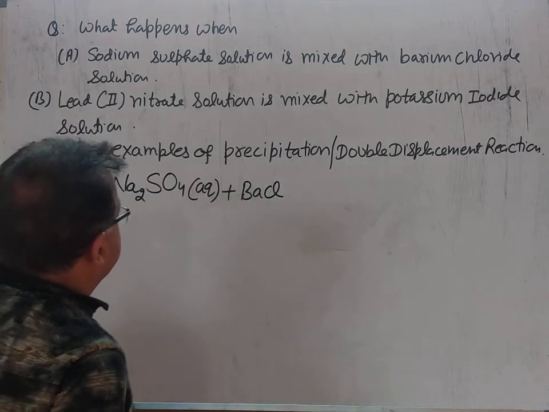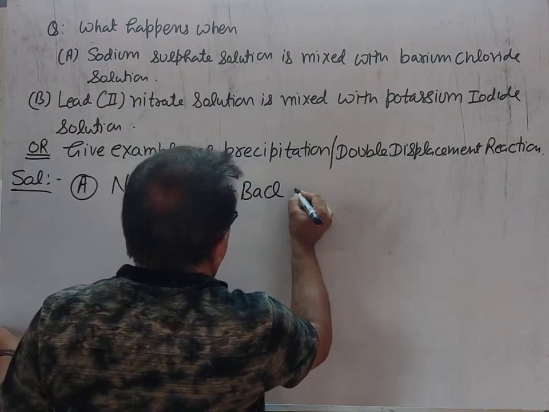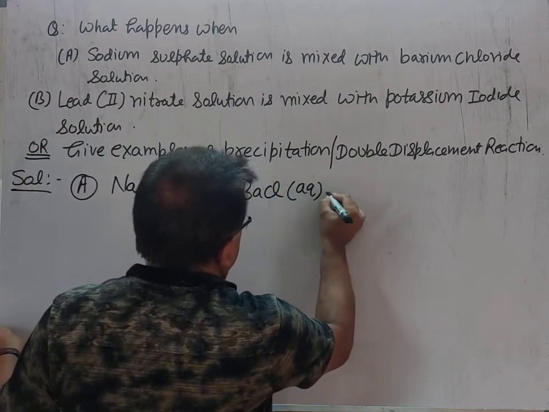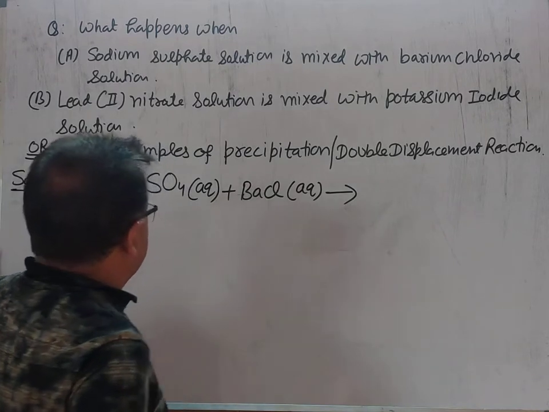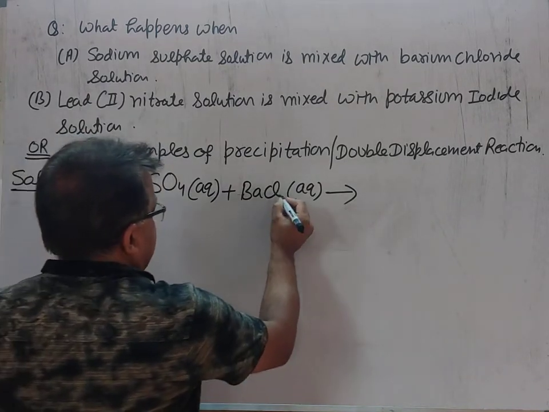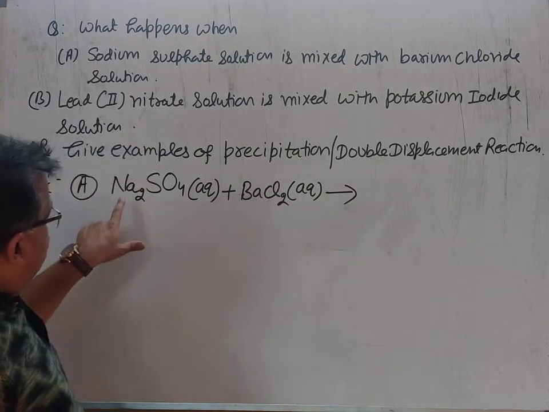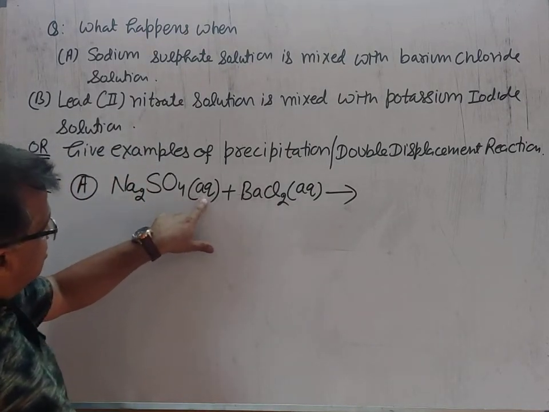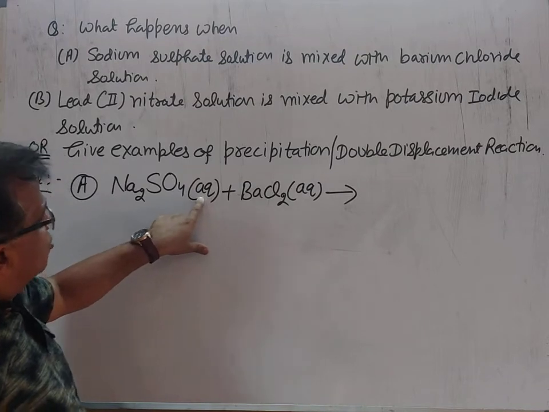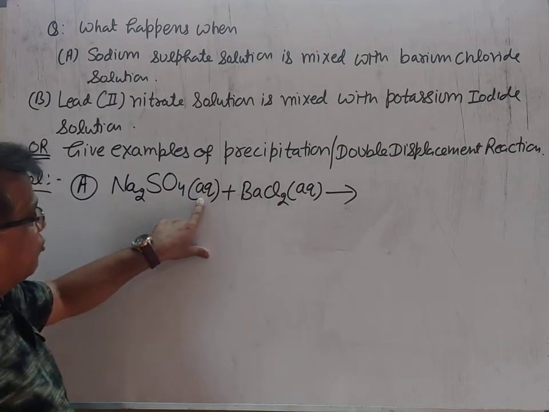So here it is also aqueous. What will happen? Here BaCl2, because valency of barium is also 2. So for sodium sulfate, which is aqueous, there is no need to write aqueous, however you can write it if you know.